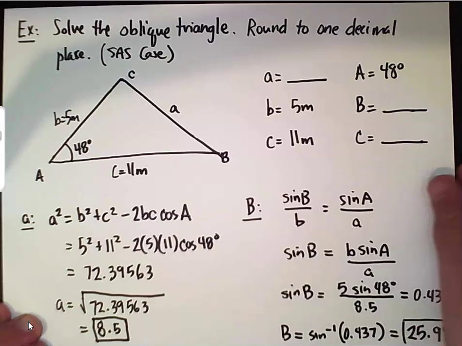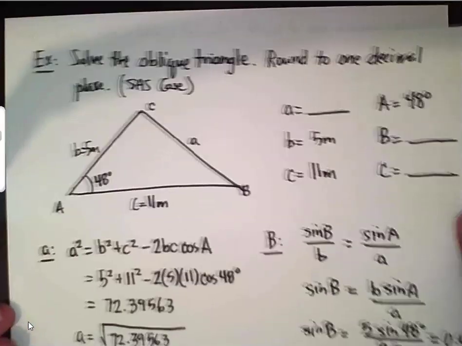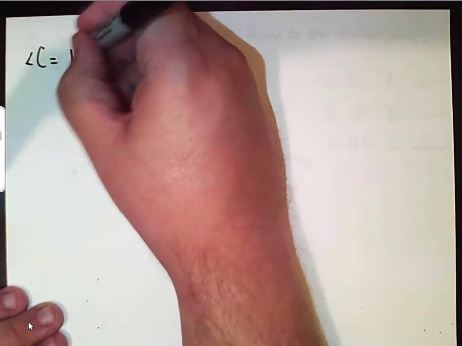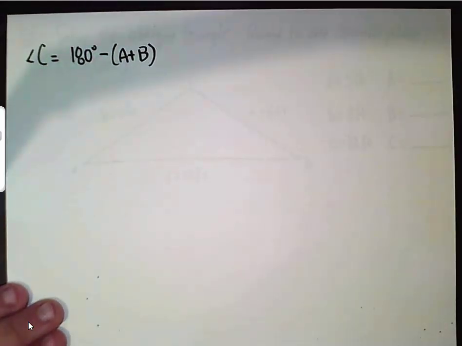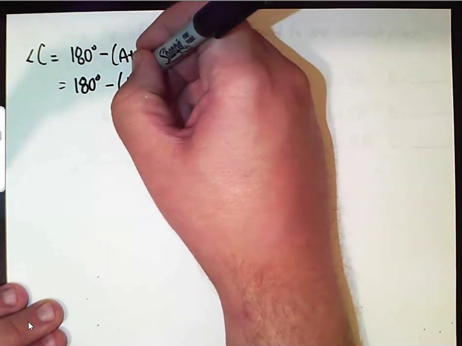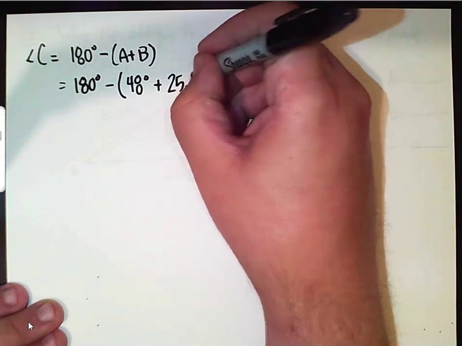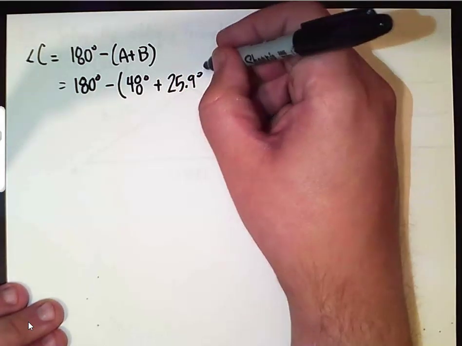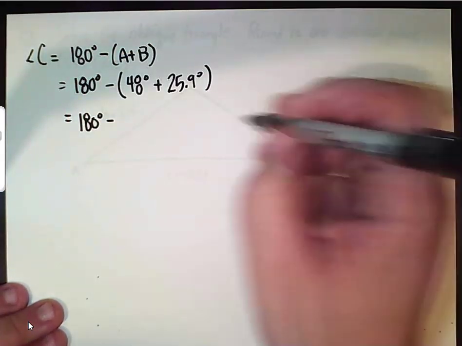I just have to add A and B together and subtract from 180 to get angle C. So angle C is equal to 180 degrees minus the sum of A and B. So that's 180 degrees minus 48 degrees for A, and then 25.9 degrees for B. So angle C is 180 degrees minus 73.9.